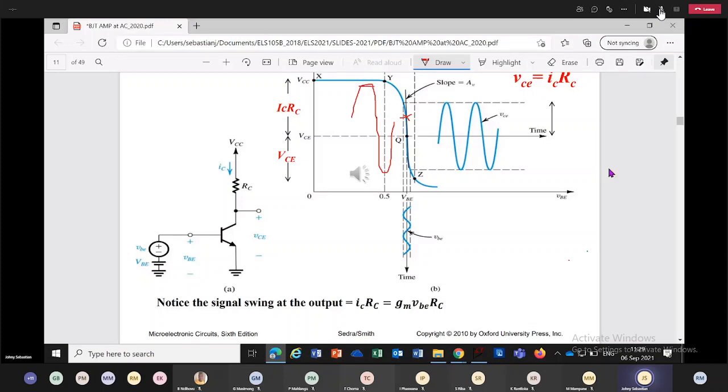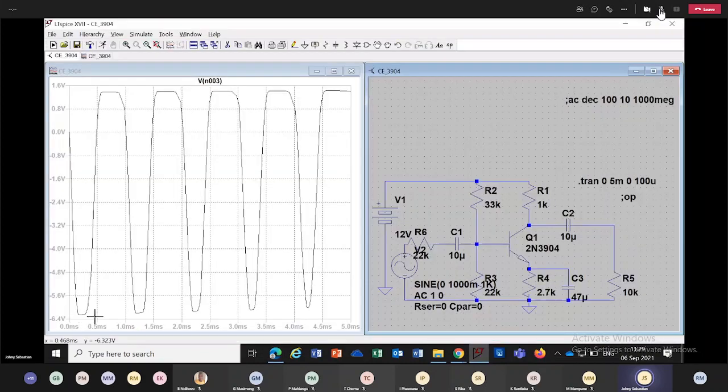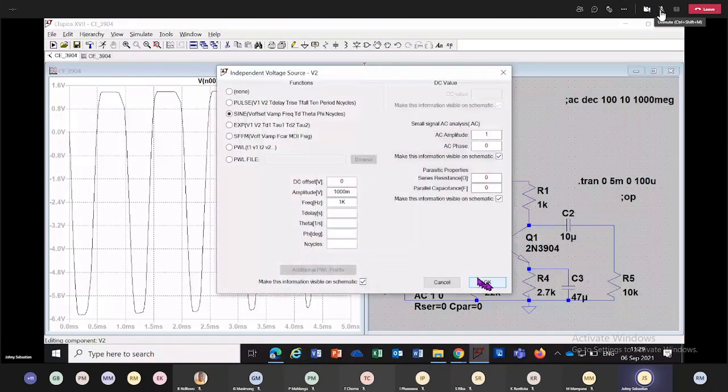Now, going back, you are asking why the negative side also shows some form of clipping. Okay, there is a possibility because your input amplitude was already 1 volt.